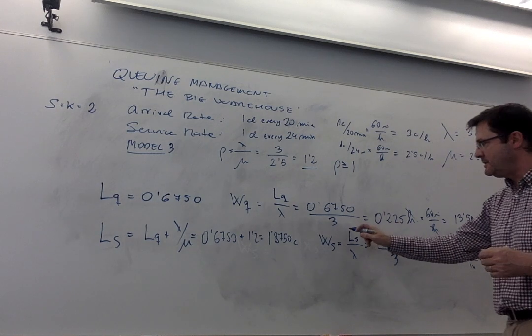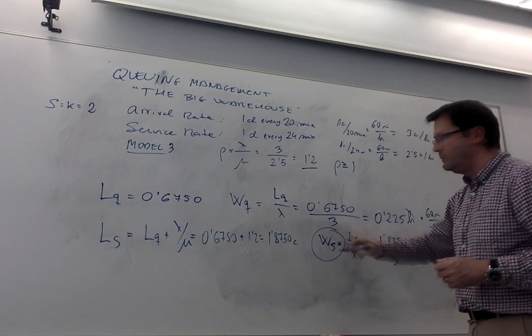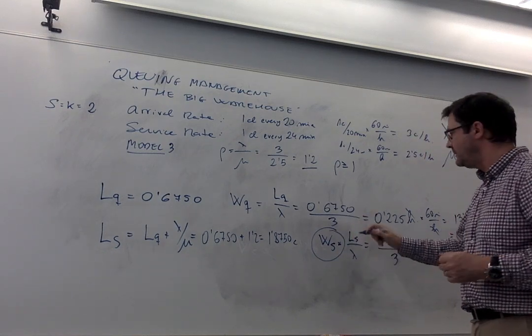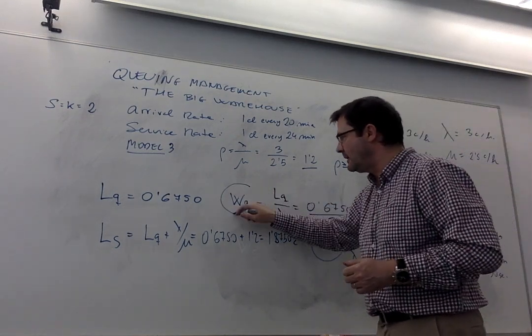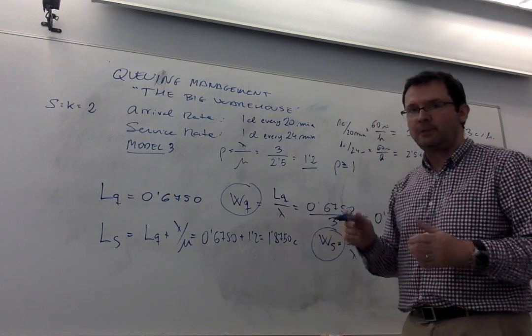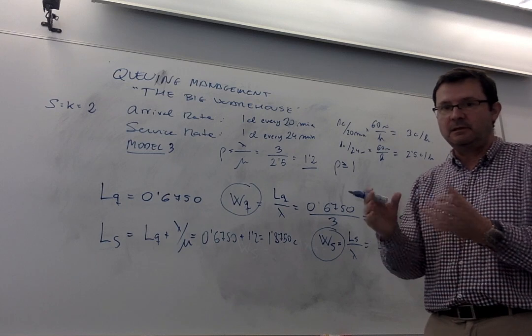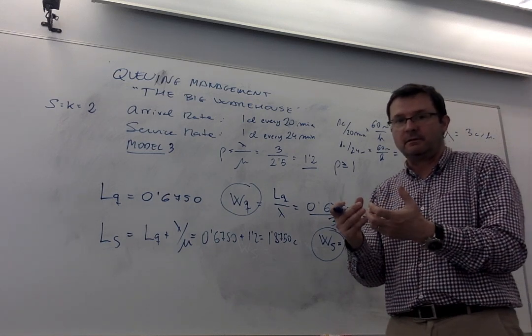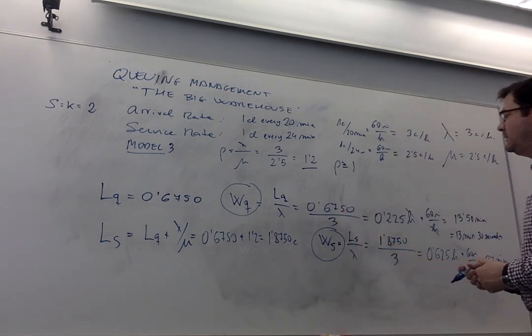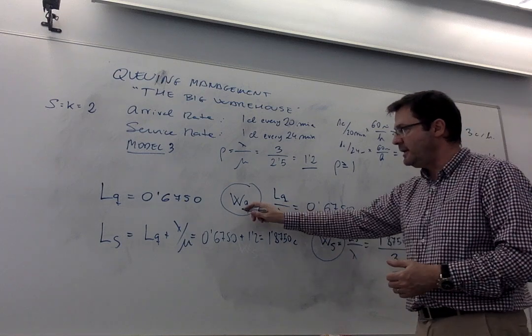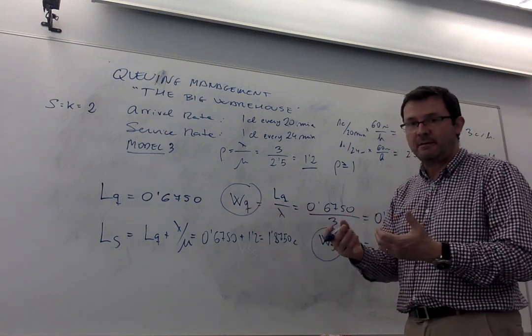This is the time during which a client is in the system. This is the time during which a client is queuing. So the difference between the time that you are in the system and the time you are queuing is the time during which you are being served. All right? So the difference between this time and this time must be the service time.